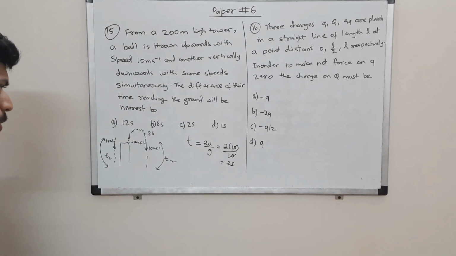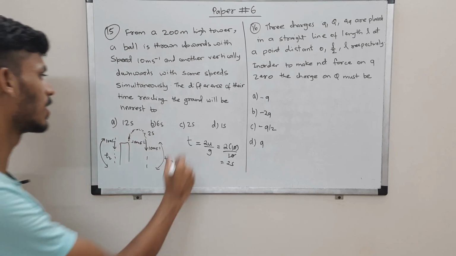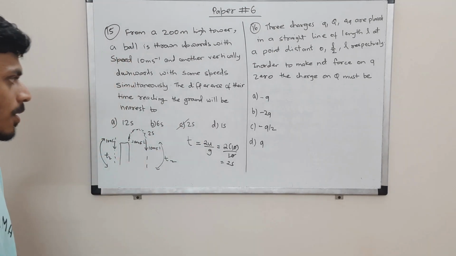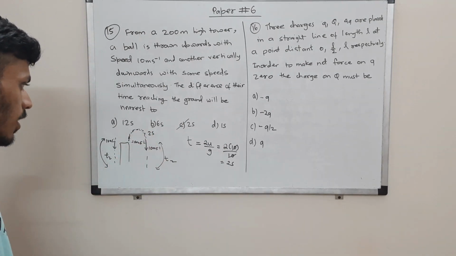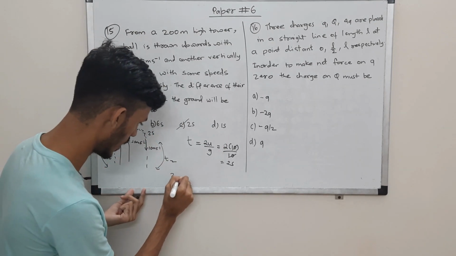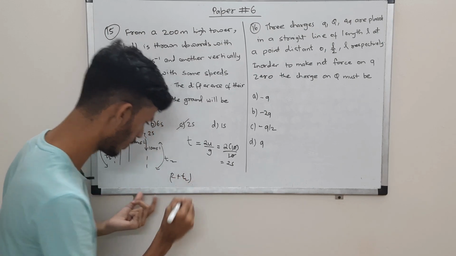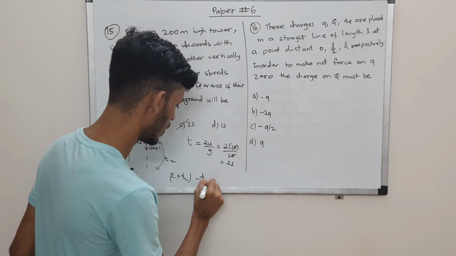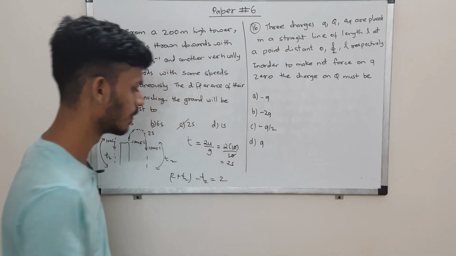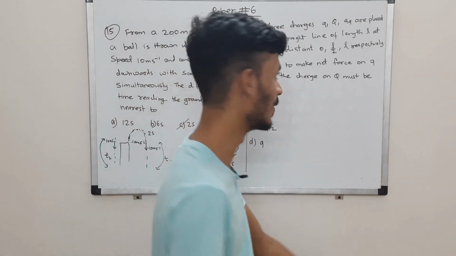So the difference is 2 seconds. So the correct choice, the difference between the two motions while reaching the ground, will be 2 seconds. You can also find it like 2 plus t2 for the first journey, and for the second journey it's simply t2. So the difference is 2.